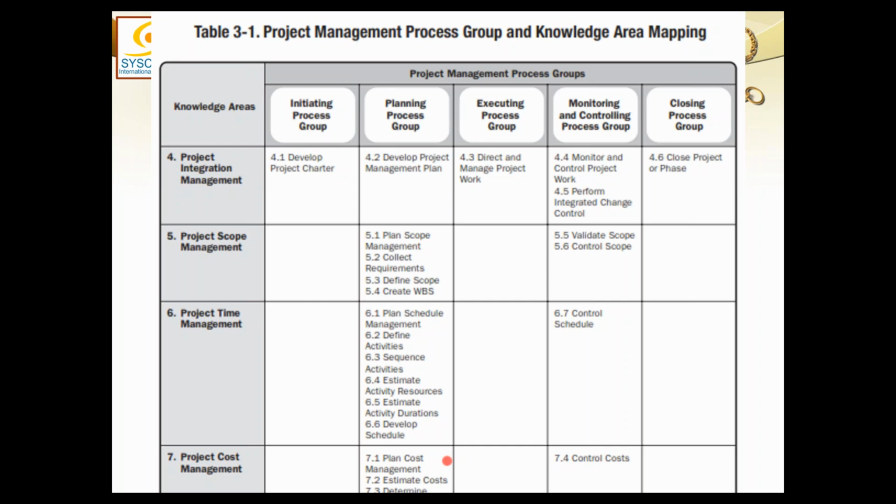So when scope is finalized, we come up with a scope baseline. When schedule is finalized, we come up with a schedule baseline. And similarly, when cost is finalized, we come up with the cost baseline. And there could be baselines for quality and other knowledge areas as well, but why don't we have them?